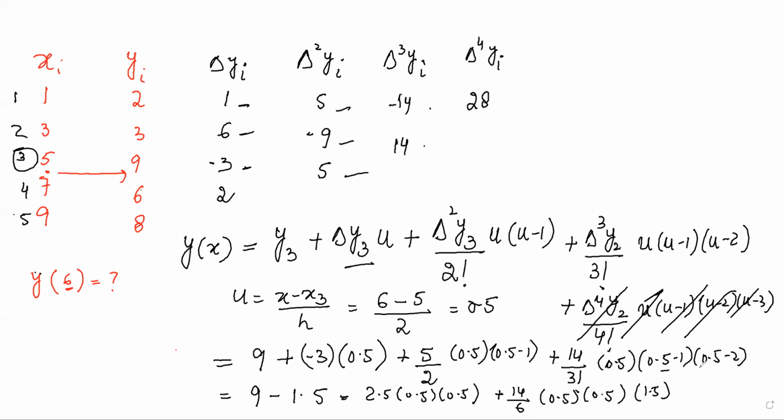This is minus, so altogether it will be plus. On solving this expression, we'll get the value of y at x equal to 6. We can now easily solve it.